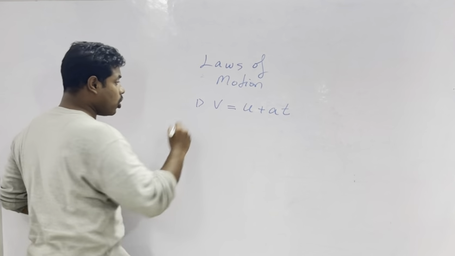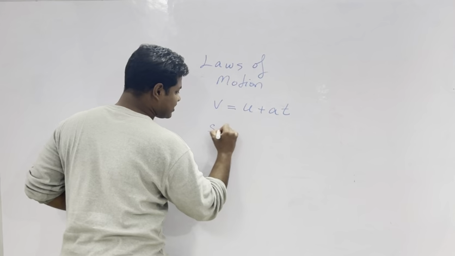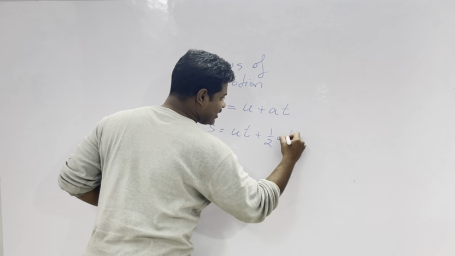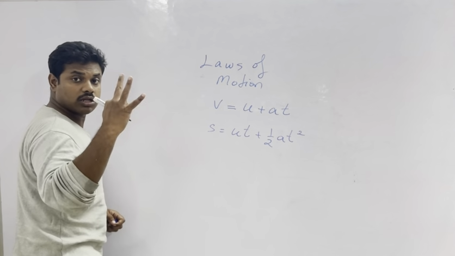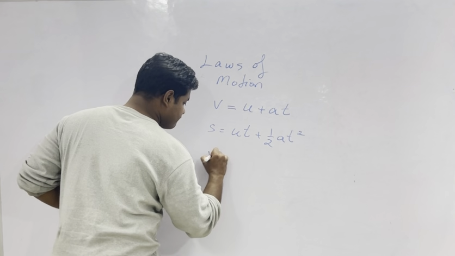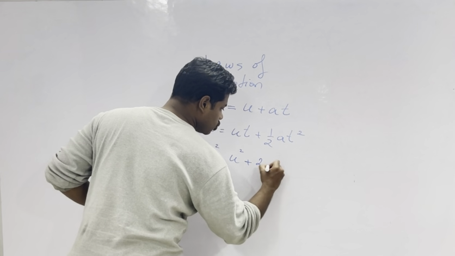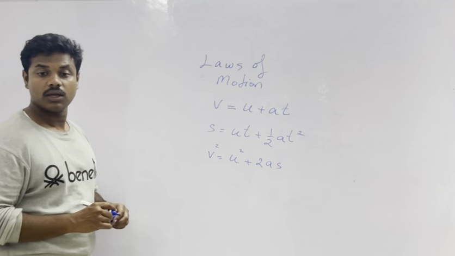The second law is S is equal to UT plus half AT square. The third law is V square is equal to U square plus 2AS.